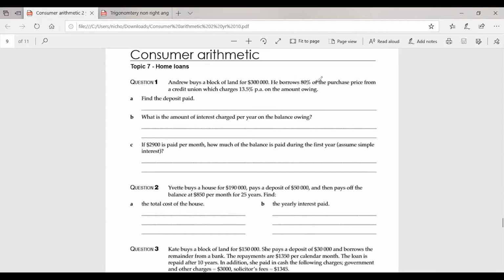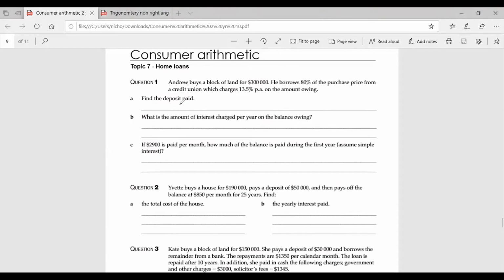So he borrows 80% of the purchase price. So how much did he initially pay as a deposit? 20%. Yeah, so he'd pay 20%, right? Because it's the amount left over from the 80 that he's borrowing. So how are we going to get that?